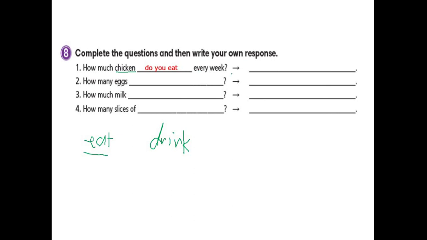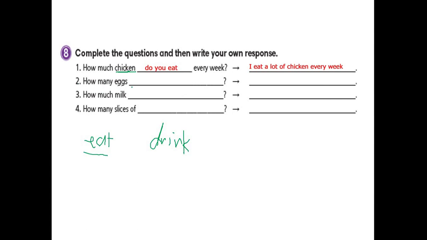Now how to answer that one? I eat a lot of chicken every week, or I eat a few chicken every week. It depends on you. So a lot, a few, okay. The word chicken cannot be counted, so you can say a lot or a little. Next, let's go to number 2.